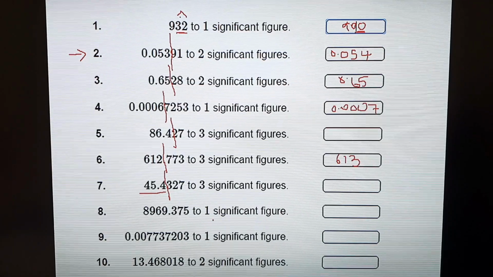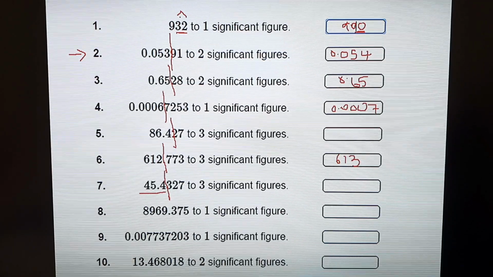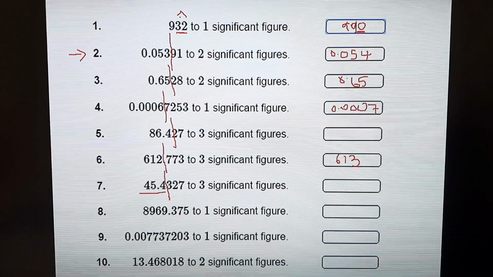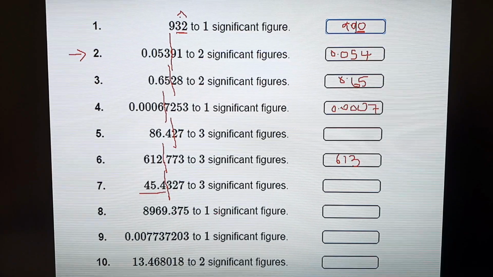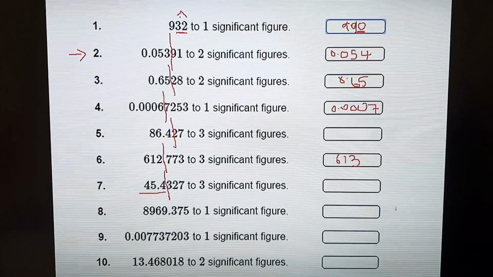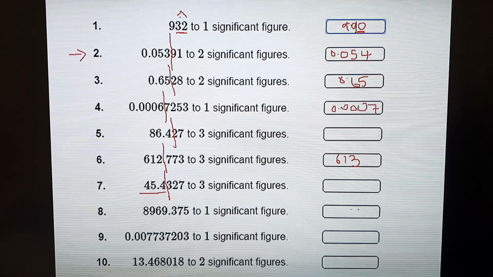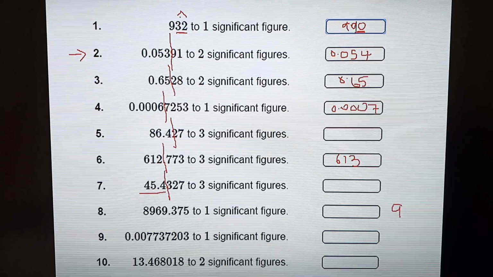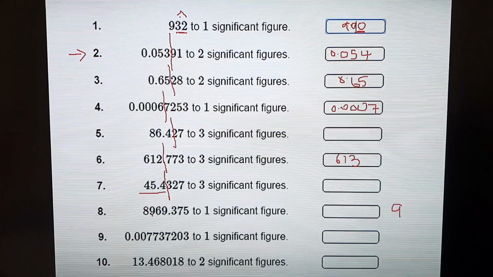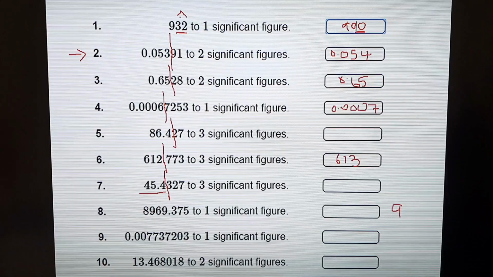This number to one significant figure. So here's the trick here. Now, we don't want to change the value. Some students would be like, well, one significant figure means I only write one number. That's not true, because if you write one number, let's just say you round the 8 to a 9, the number 9 is nowhere near 9,000. So it's nowhere close to this number.